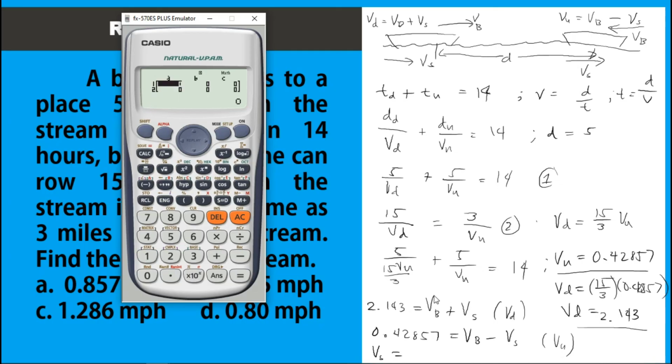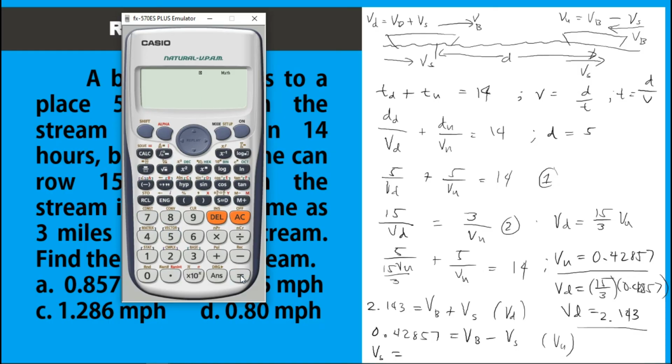For the first equation, the coefficient of the first variable, v sub b, is 1, the coefficient of the second variable is 1, and the constant is 2.143. For the second equation, the coefficient of the first variable, v sub b, is 1, the second variable is negative 1, and the constant is 0.42857.